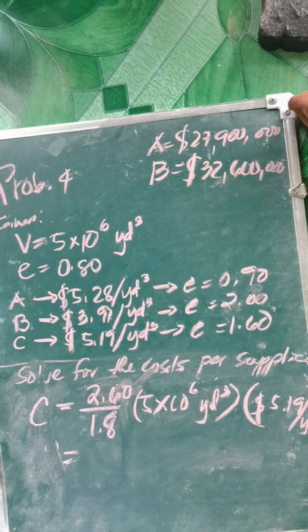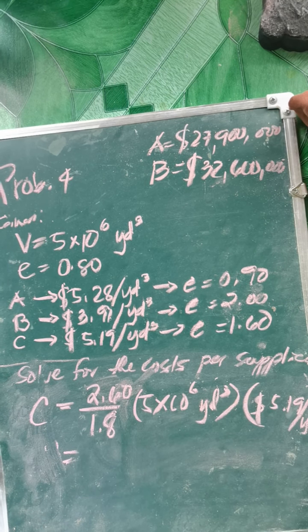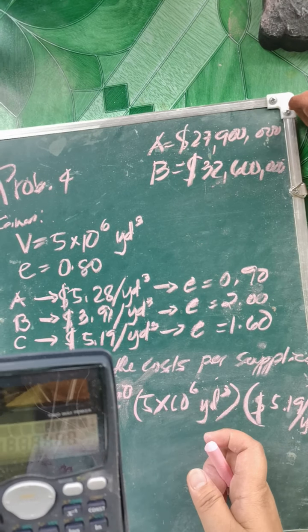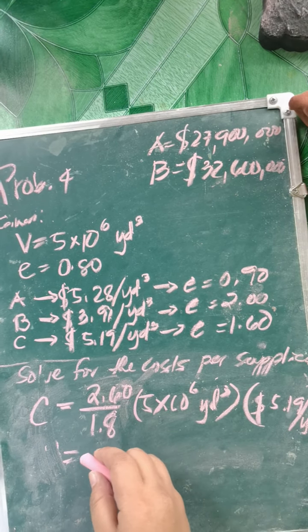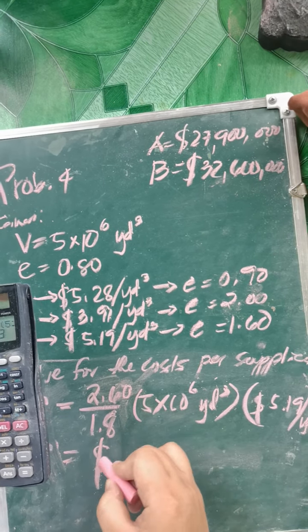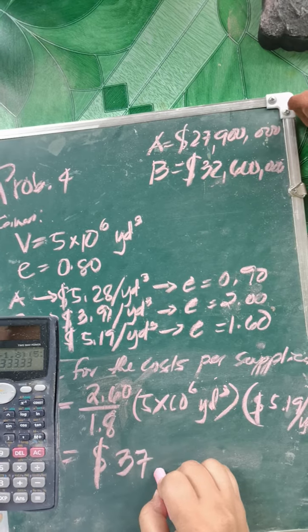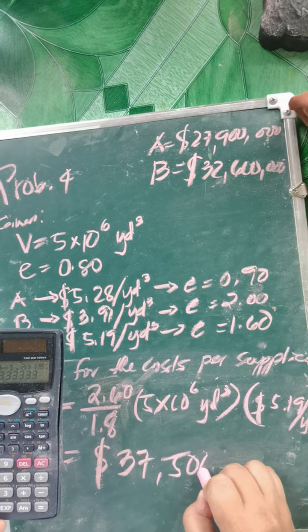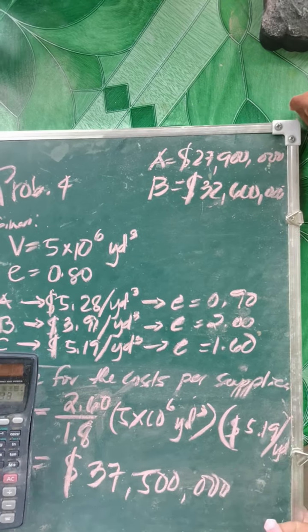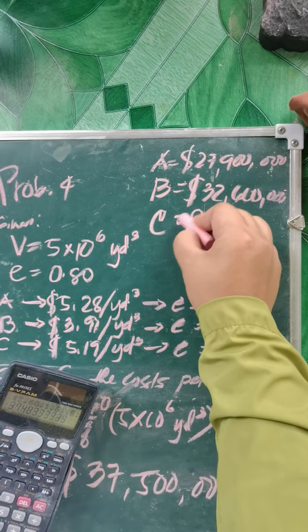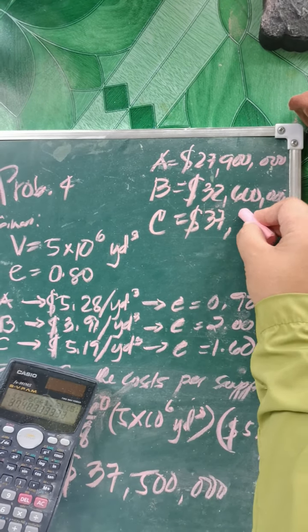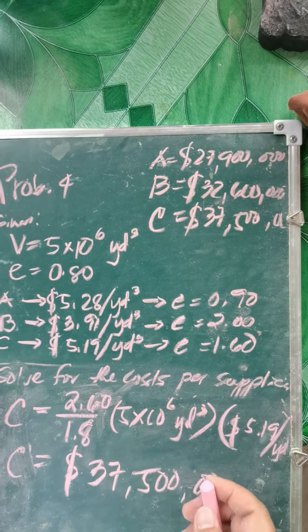Calculating this one, we have 37,483,333.33. Rounded off, we have $37,500,000. So now we have the three suppliers.